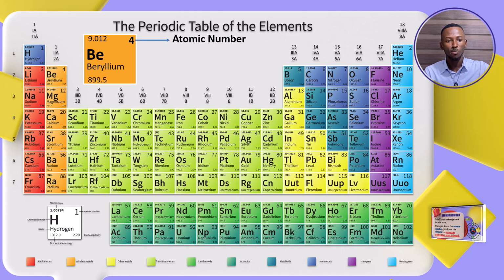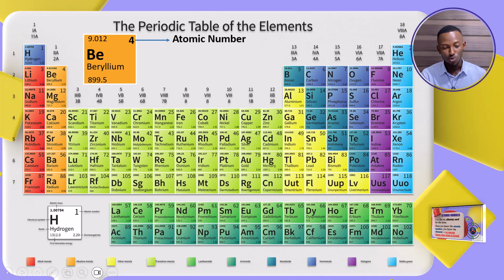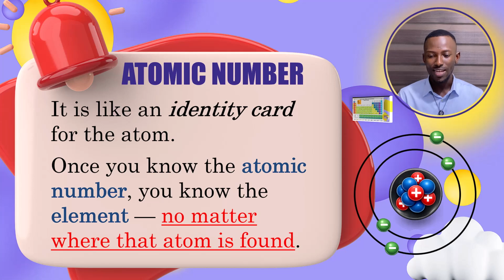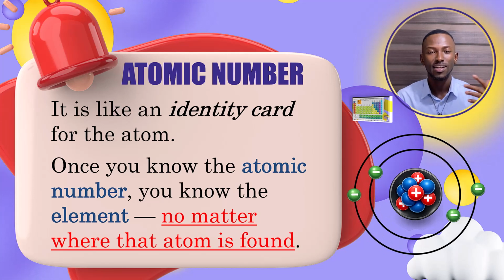If you look at the top right corner, we have a number there, and that number is the atomic number. That atomic number means there are 4 protons in these beryllium atoms. So meaning no matter where you find beryllium, its atoms will have exactly 4 protons in their nucleus. No less than 4 and no more than 4. So that is an important discovery scientists made.